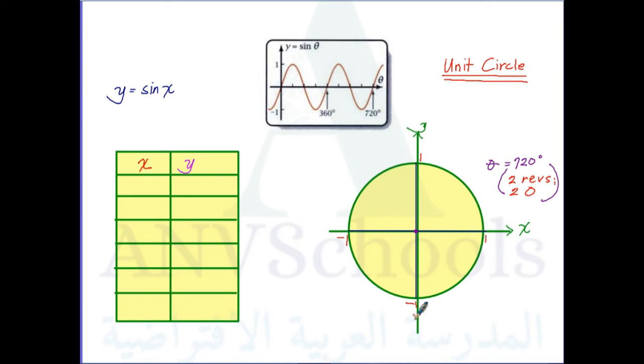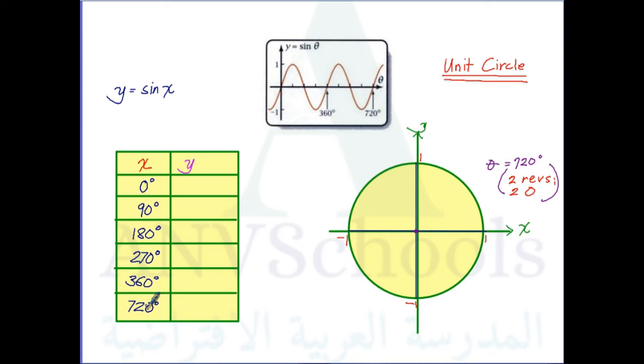So we go back to this table. Let us say my position is at 0 degrees. And I move to an angle x of 90 degrees, and then 180 degrees, and then 270 degrees, and 360 degrees. And then we have 720 degrees here.